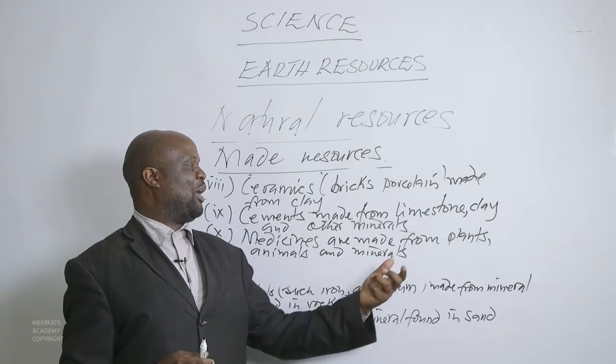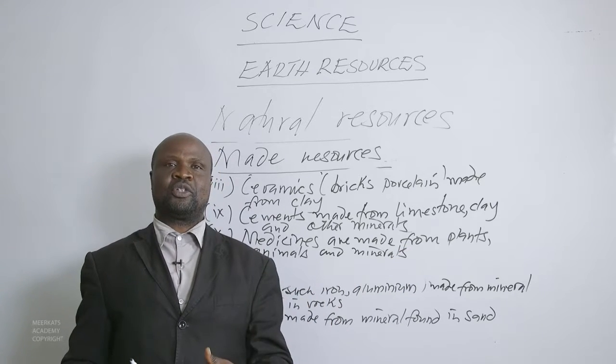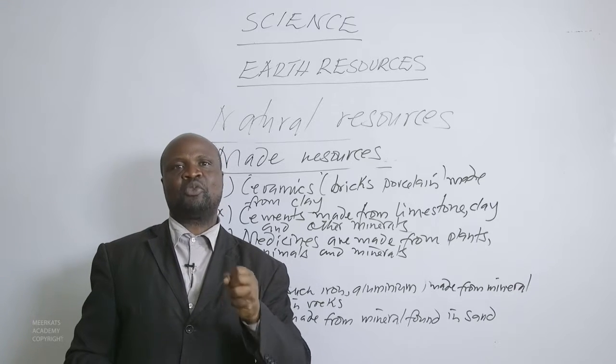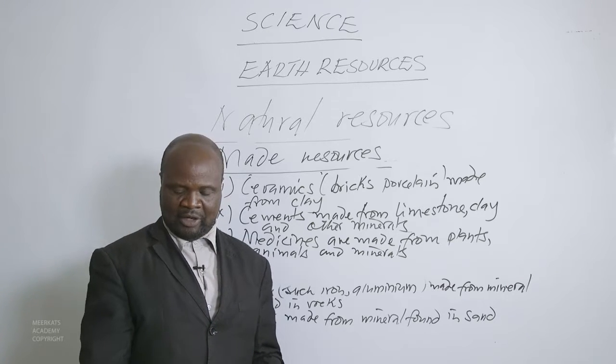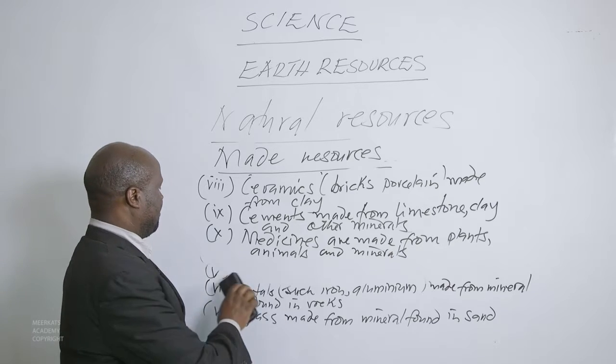Among natural resources we have the plants, the animals, and the minerals. So from minerals, plants, and animals, we can extract medicines, which go a long way in healing us whenever we fall sick, whether we are human beings or other animals, they can be healed.